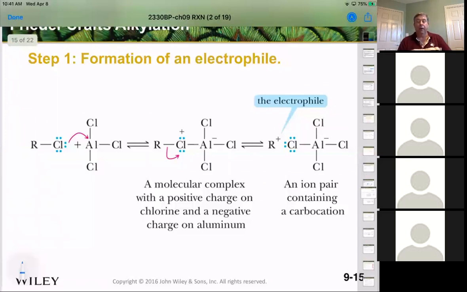okay? So we can do this with double bonds as well. All we have to do to generate that cation is to protonate this side right here. These electrons will come up to make that bond, giving us our carbocation here. So it's the same step, except we're using a different acid catalyst to generate our cation, okay?